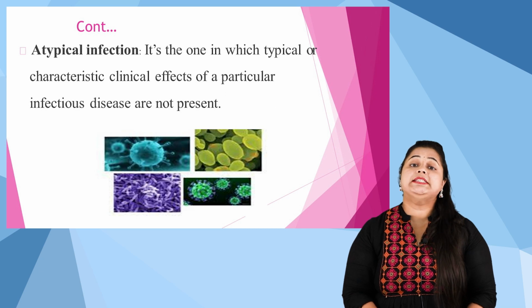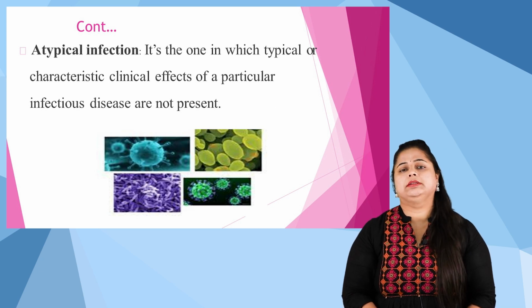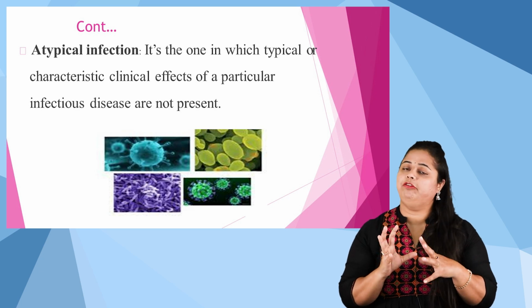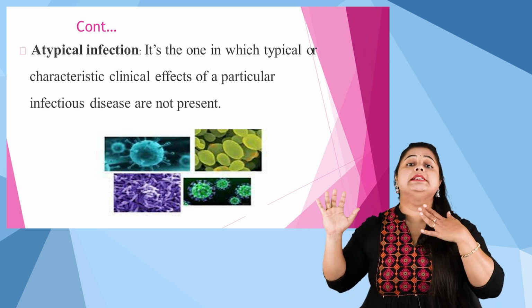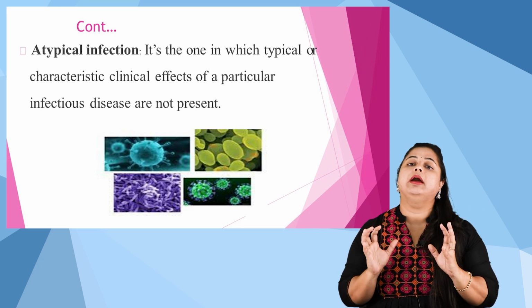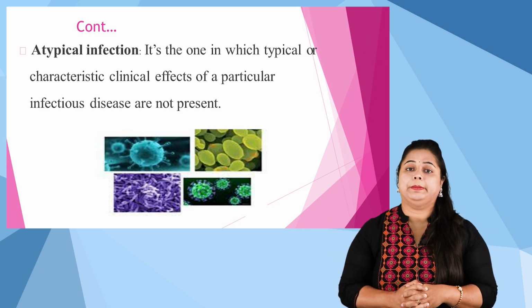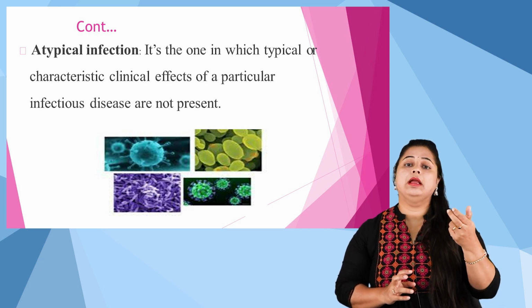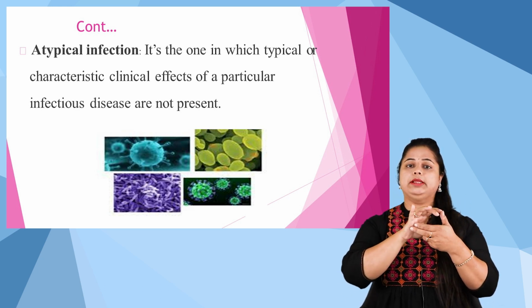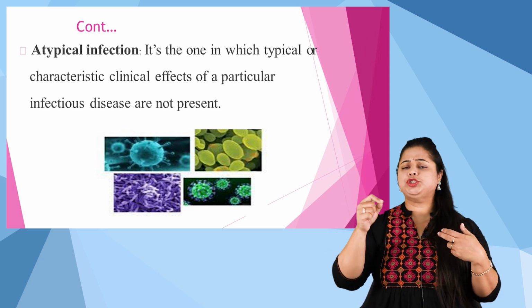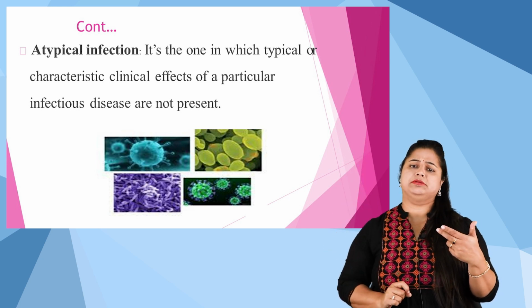Next is atypical infections. That means that particular infectious disease's symptoms are atypical. What is meant by atypical? A means completely not typical. There are several types of infection, and each one shows many types of symptoms.